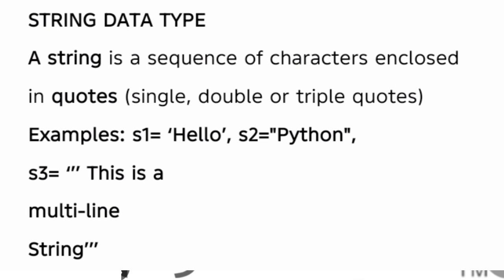For example, we have S1, which is assigned hello. We have S2, which is assigned Python in double quotes, and we have string S3, which is assigned 'this is a multi-line string'. This string is used to declare a variable that will hold a paragraph. So it's a multi-line string.